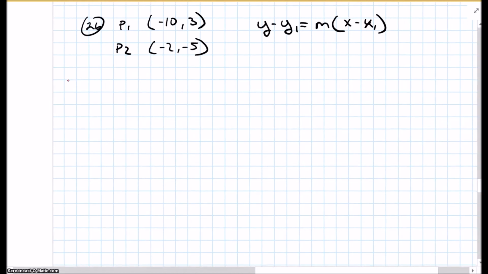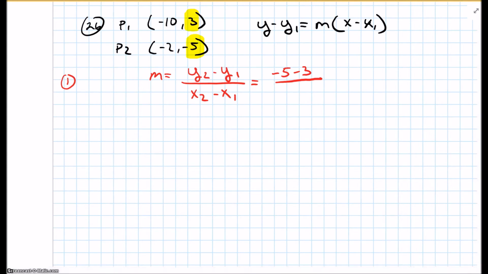Step 1, we need to find the slope. All right, so the slope is y2 minus y1 over x2 minus x1. So my y values are negative 5 minus 3 over, again, y2 minus y1, now it's going to be x2 minus x1.